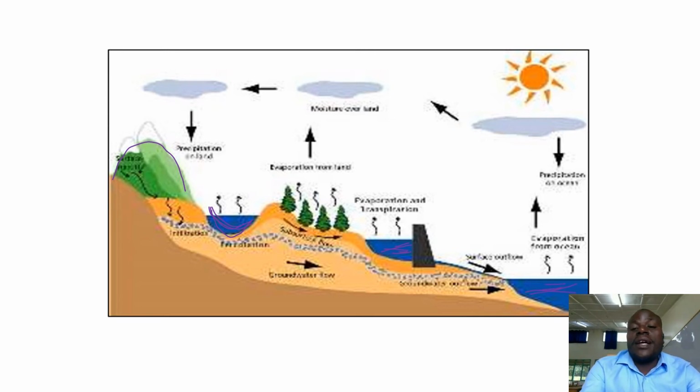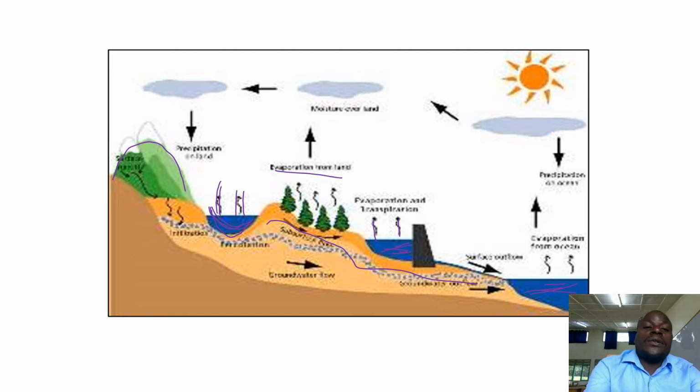And we have the ground. This dry part is the ground. And if you check on the lakes, we have evaporation on the lakes. The vapor joins the atmosphere through a process of evaporation.